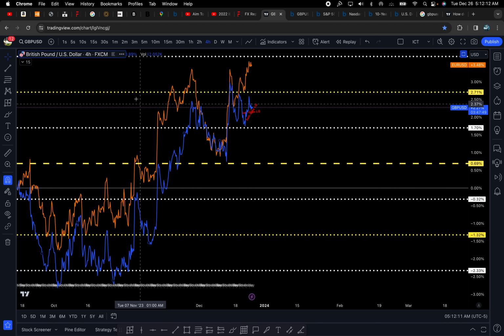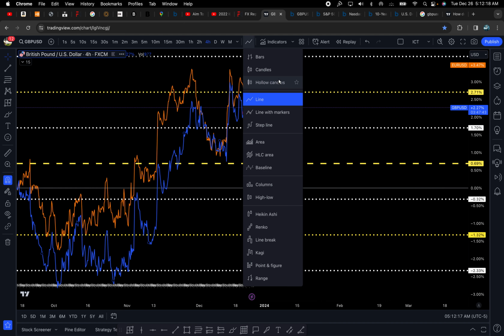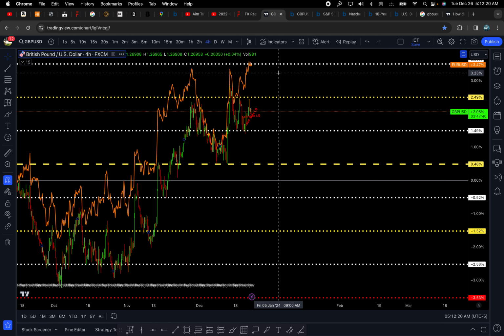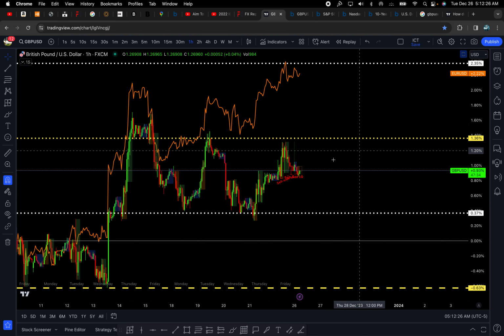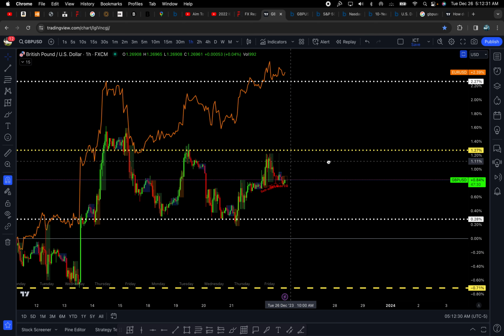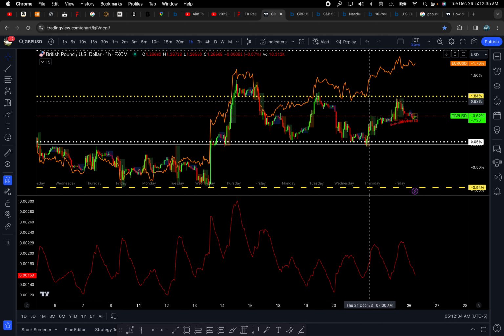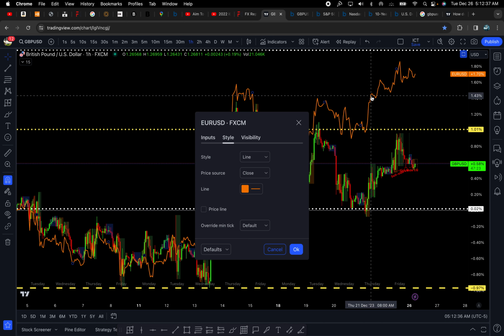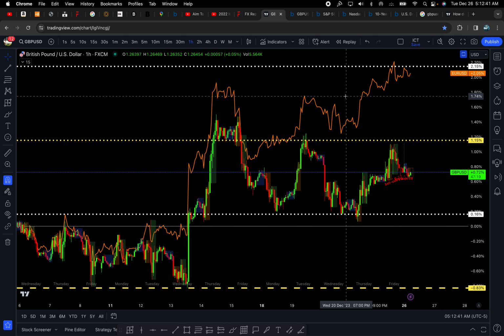That's when you would go back to looking at your levels and what's happening. And I guess we could just leave that for now while we look. So we're coming off of this major level. See, that's EURUSD.